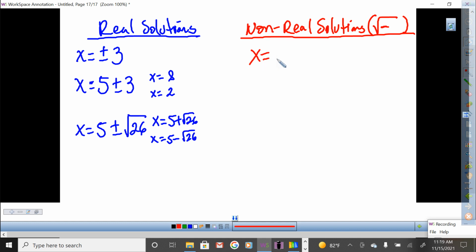X equals plus minus square root of negative 9. Tell your neighbor the two solutions for that one. Very good.